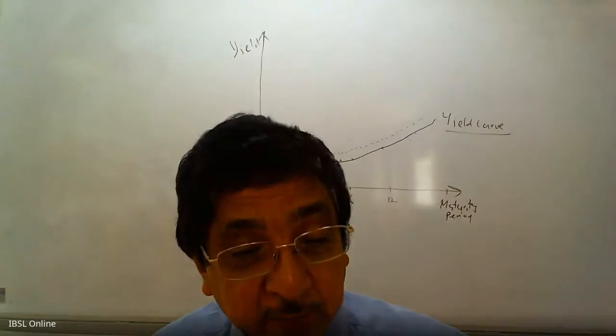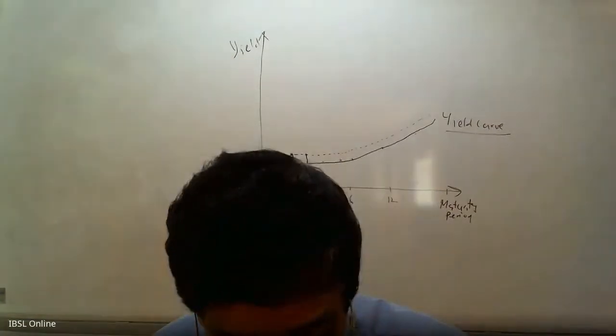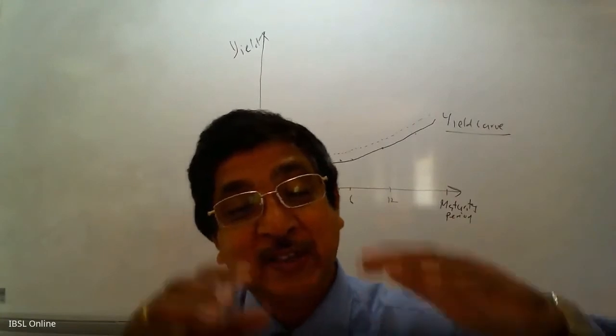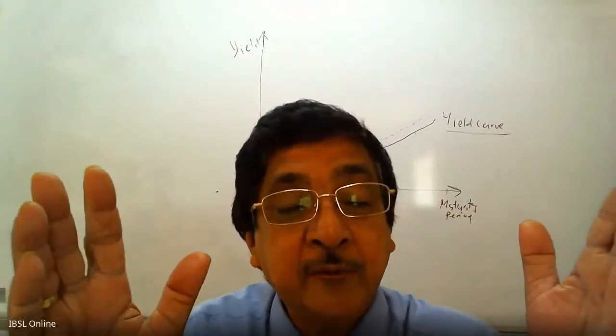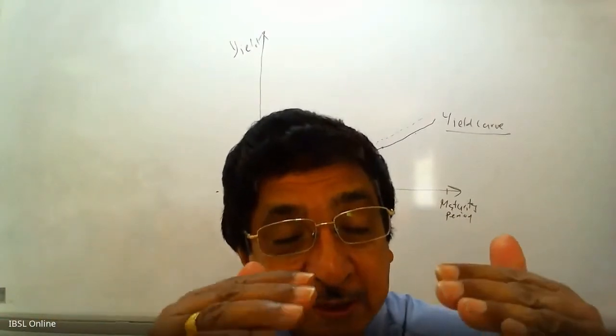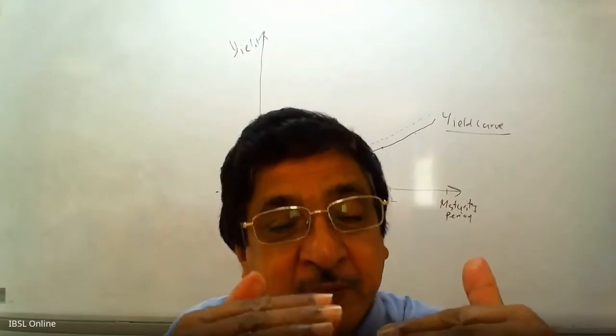You need to get convexity also into consideration, and you need to show that convexity also gets 0. I think you got my point. Now it's like this. If you are referring to a parallel yield curve shift, and the shift is not substantial, a very small shift.